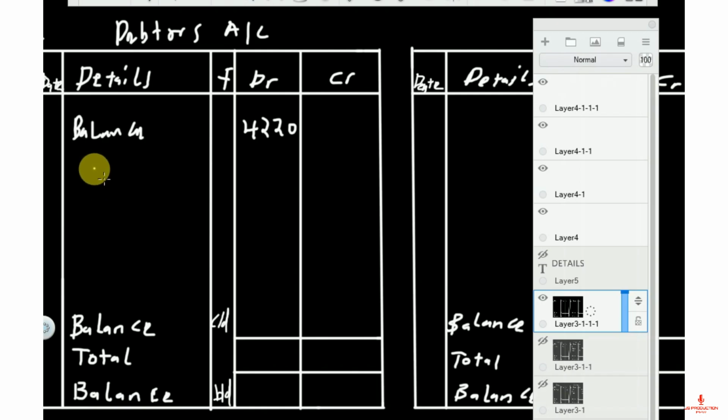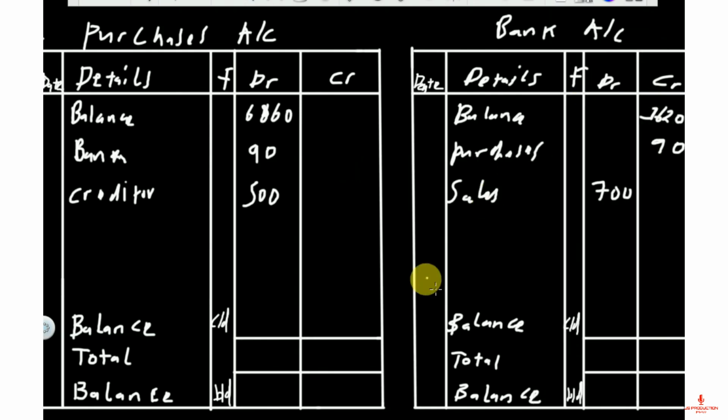That means that we're supposed to reduce this balance, and the debtor paid by check, so we're going to say bank, and we're going to credit that amount. So he paid 520. So we're going to say debtor there.